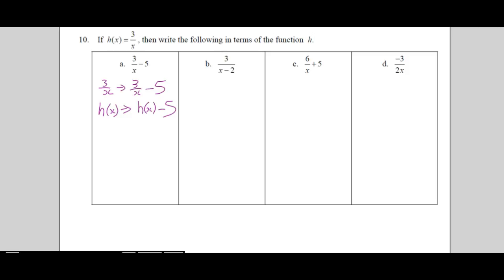Okay, we'll try the next one. So I'm starting with 3 over x, and I'm ending with 3 over x minus 2. So h of x becomes h of x minus 2, right?